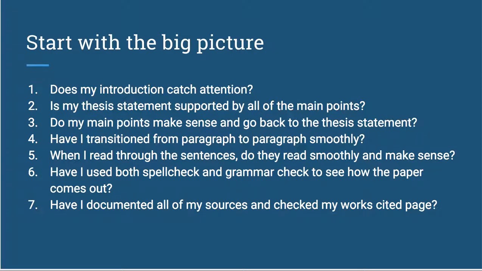Number one, does your introduction catch attention? This is really important, especially in a long paper. If you want someone to read your paper, hook them. So did you use a startling statistic? Did you use a quotation that really pulls the reader in? Did you start broad? Let's say your topic is anorexia. That's a very specific topic.